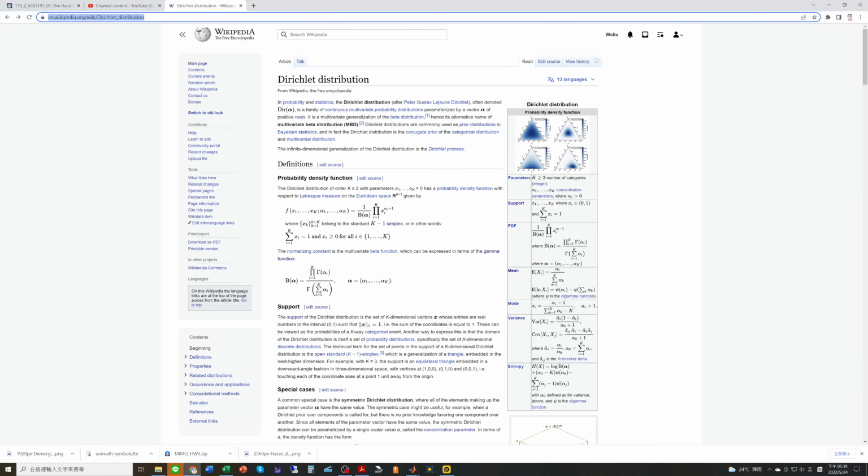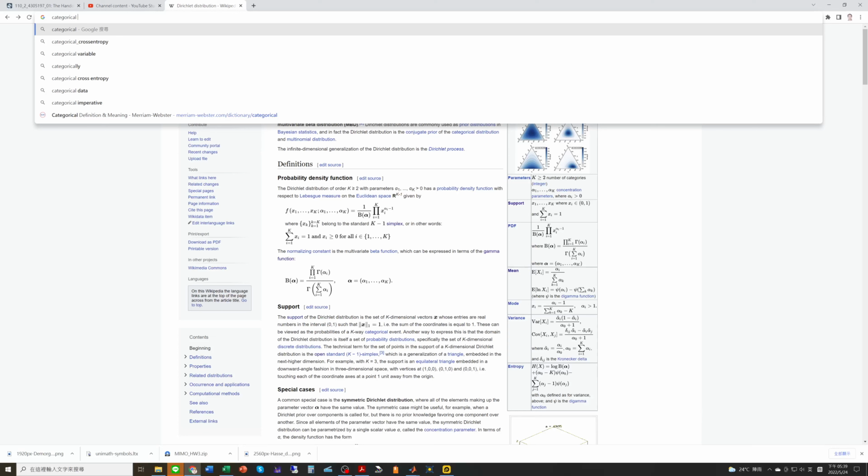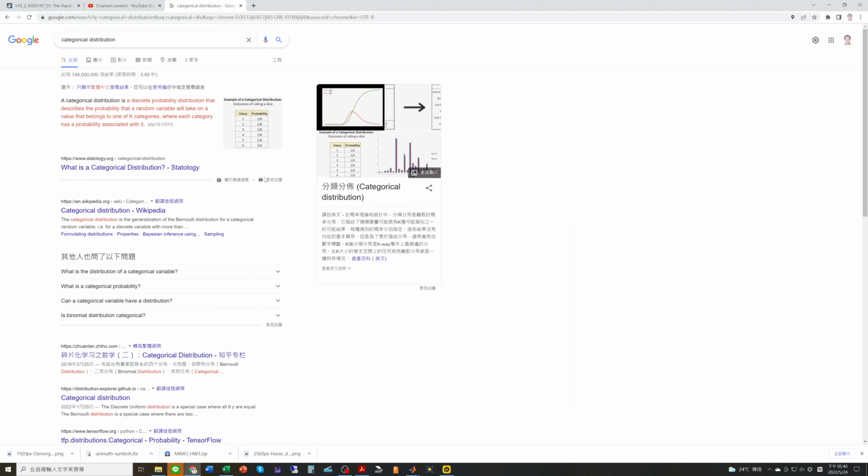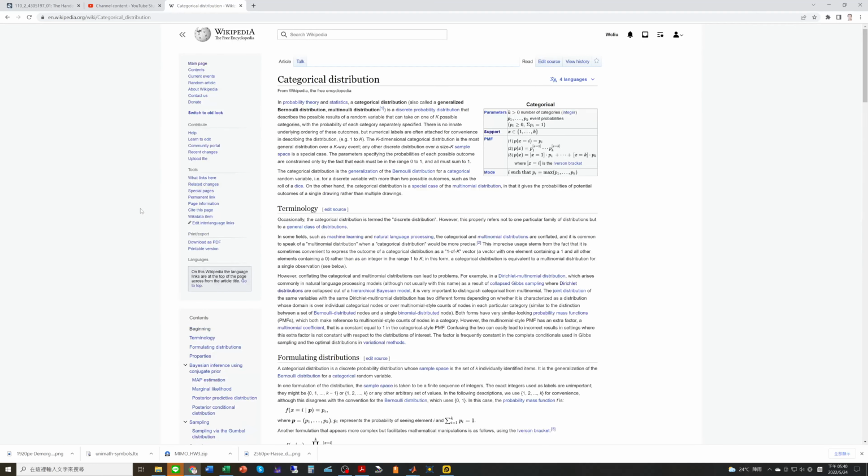However, we can easily find it. Okay, use the internet. So let us see categorical distribution.